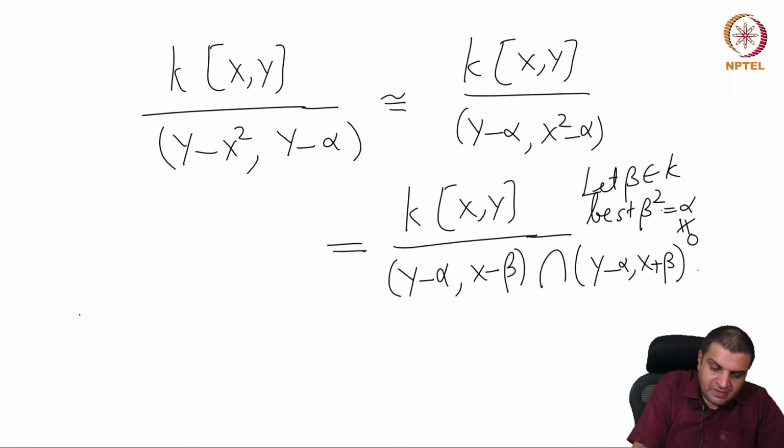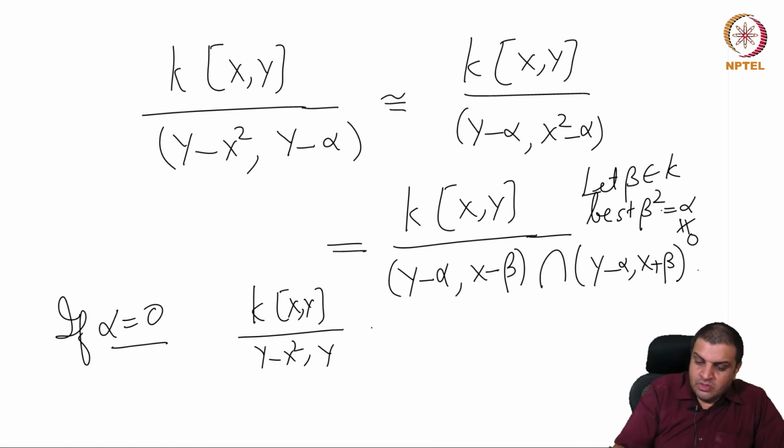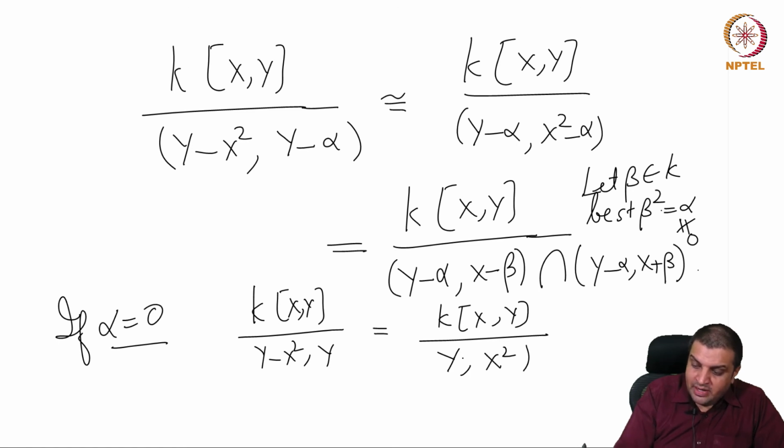If alpha is 0, then we would just get k[x,y] modulo y minus x squared and y, which is just k[x,y] modulo y and x squared.